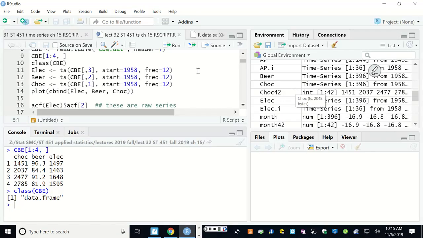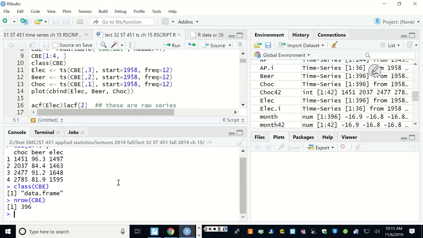The number of rows of this chocolate, beer, electricity data is 396. It starts in 1958 and is monthly. So there are just some example values, I don't have all the units there. The class of object is just a data frame, no time series structure.